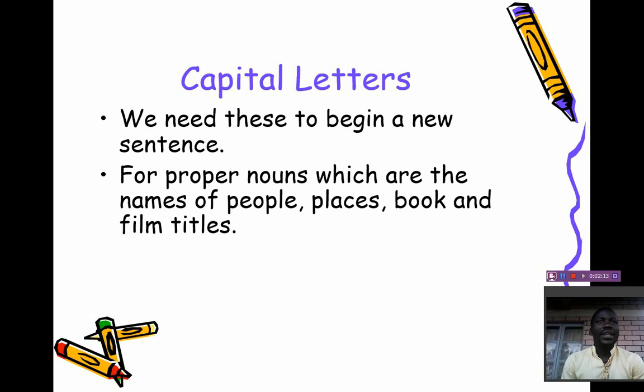Proper nouns are names: names of places, people, books, families, titles of films and movies, to mention but a few. As long as it is a name of something, it should begin with a capital letter, no matter where it is in a sentence.